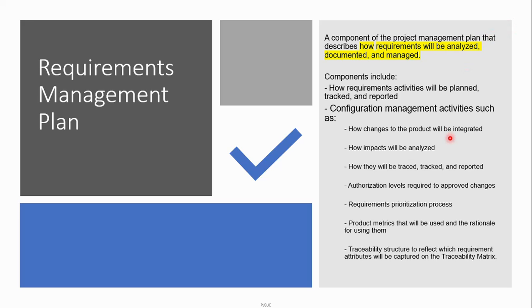It will also describe how they will be traced, tracked and reported, the process we will adopt in prioritizing the requirements, and the traceability structure or traceability matrix that will be used to capture and trace each and every requirement to see whether it has gone into the product. So like the scope management plan, the requirements management plan will give you how the requirements will be analyzed, documented and managed.